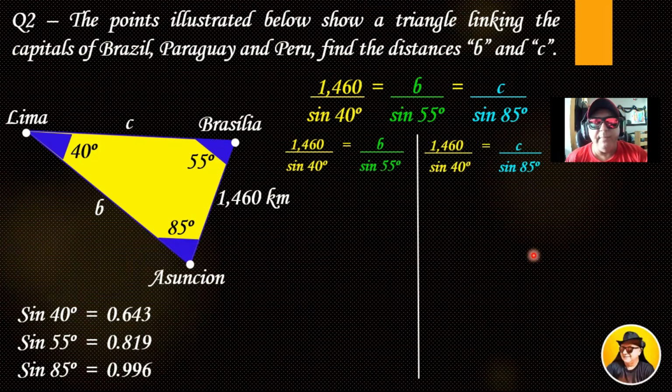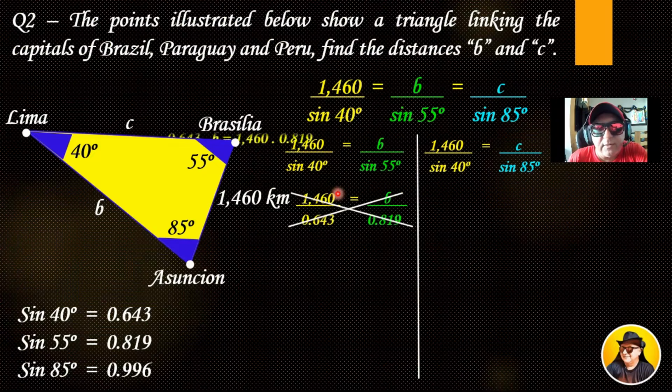And now I am going to replace the values of sine of 40 degrees, 55 degrees, and so on. Okay, now I'm going to do the left side here. So how am I going to do? I'm going to multiply in cross.